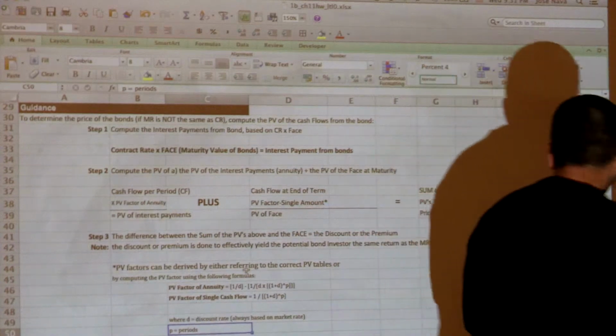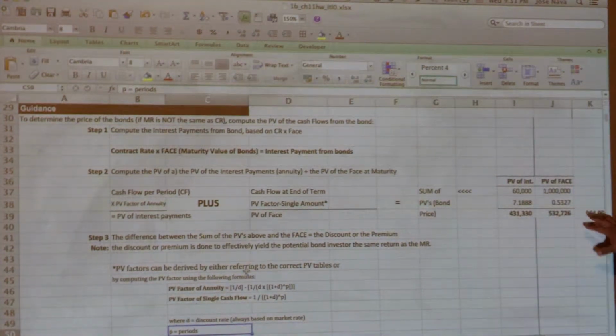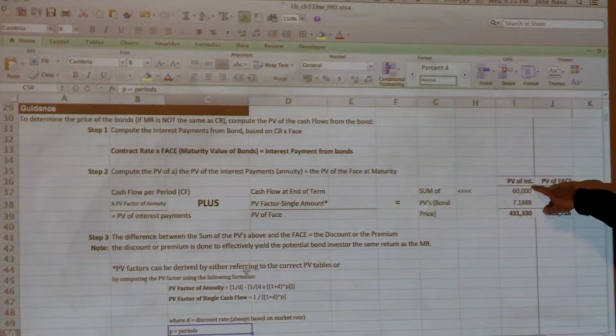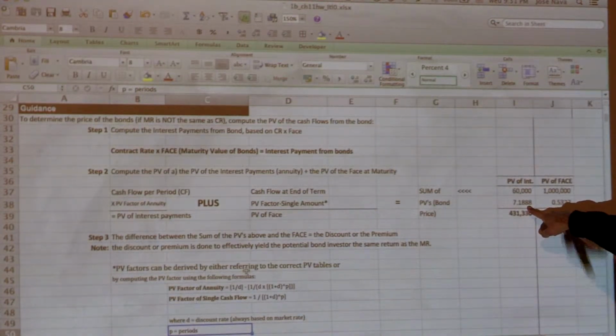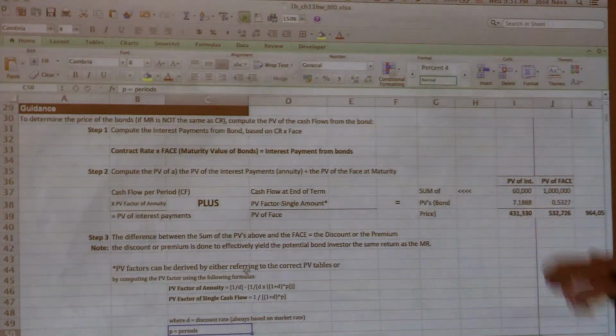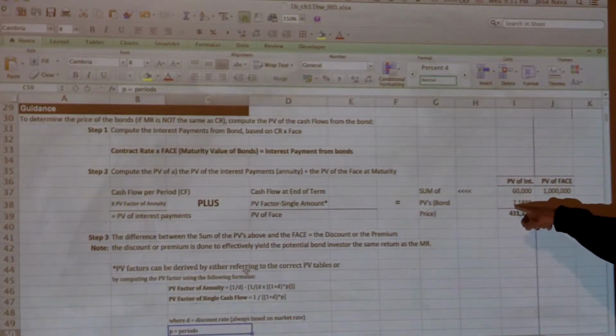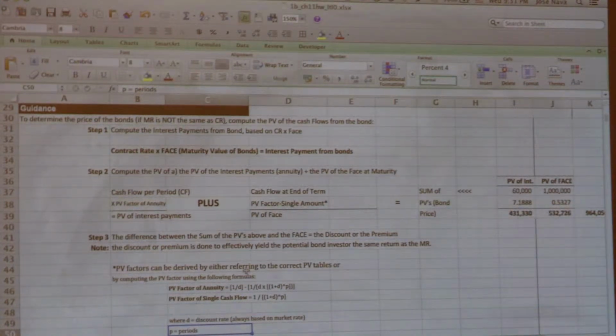If you go and do the math, and again, I'll show you how to do this a little later, the present value of the interest payments would be a cash flow for 10 times of $60,000. So basically, we use $60,000 here in this calculation, and we use something called a present value factor for the annuity. We gather this from a present value table, and this will be another different lesson that I already have created that shows you how to select the correct present value factor for this calculation here. In this case, it will be 7.1888.